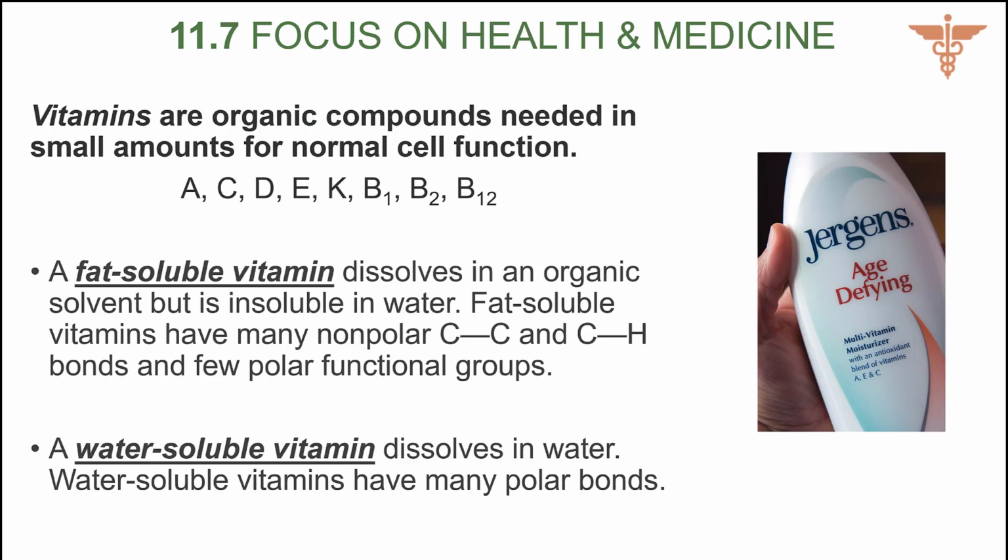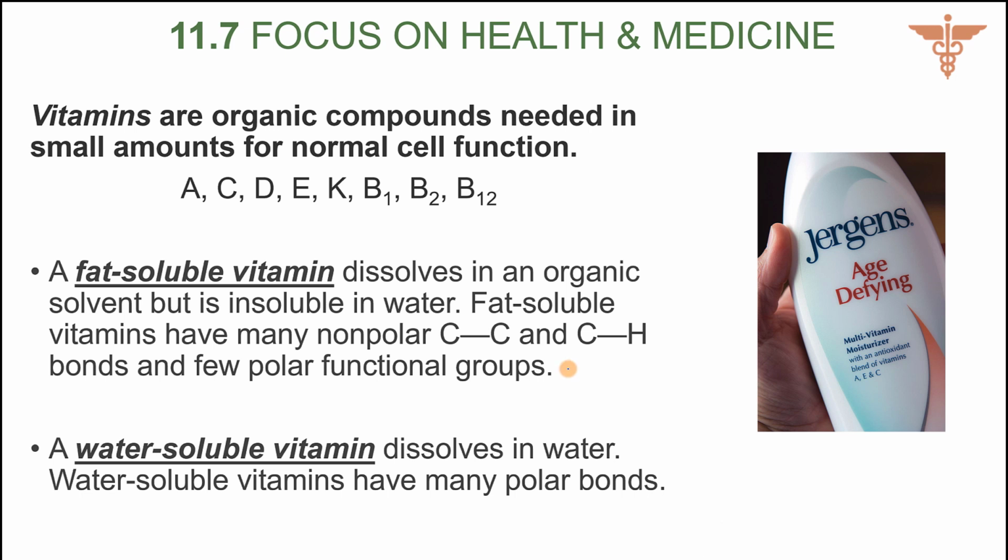Vitamins are also organic compounds. These are needed in small amounts for normal cell functions. You can see the list of different vitamins there. There's 2 types of vitamins, some that are fat soluble. That means they dissolve in organic solvents, but not in water. And fat soluble vitamins have a lot of nonpolar carbon-carbon and CH bonds and a few functional groups.